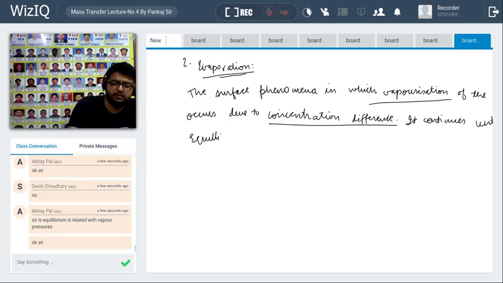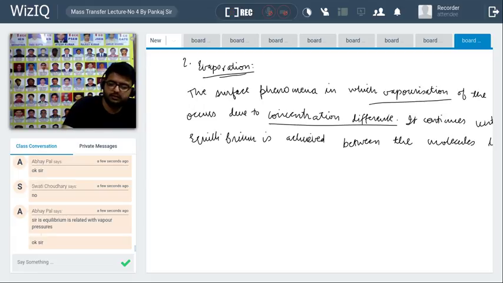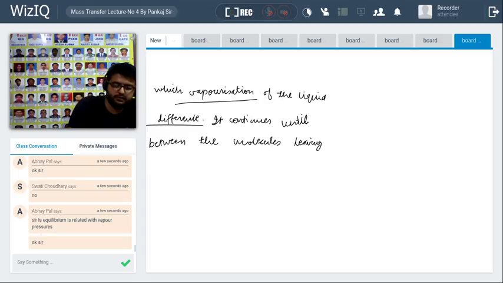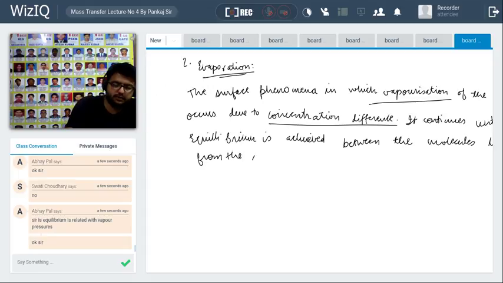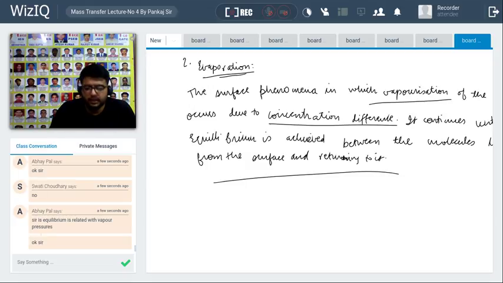It continues until equilibrium is achieved between the molecules leaving from the surface and returning to it. Okay, now look at the definition.